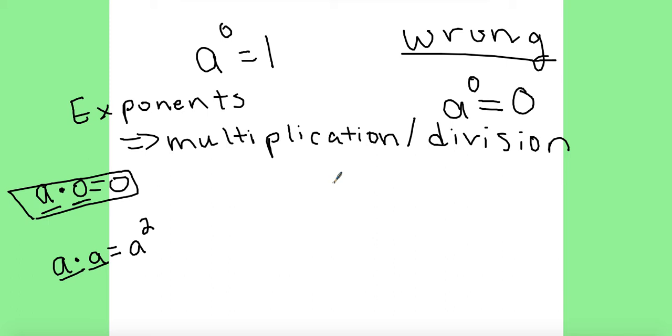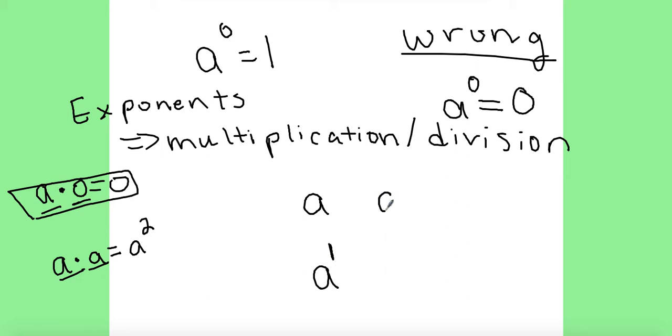So to try to get a little bit of an intuition here, I'm going to take it step by step. If I have 1 a just on the page all by itself, what would its exponent be? Well, 1. I'm not multiplying it by anything. There's just 1 a sitting on the page.